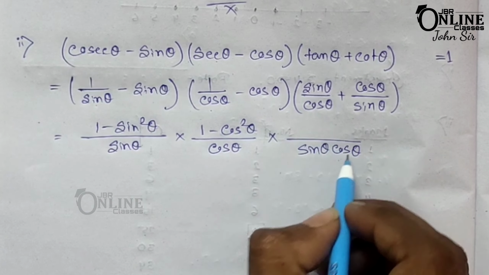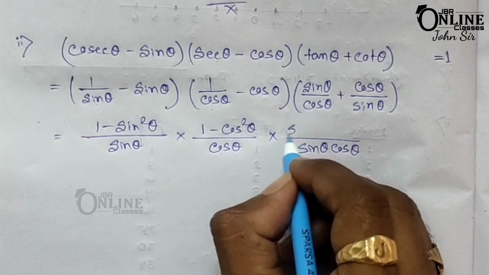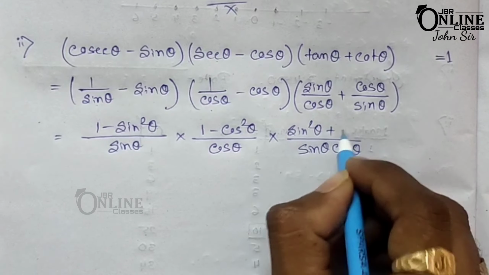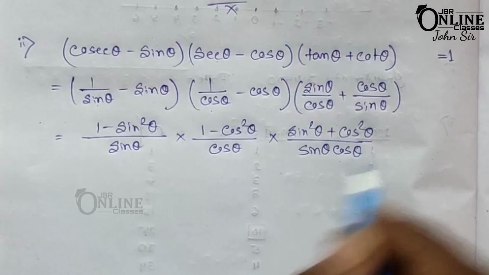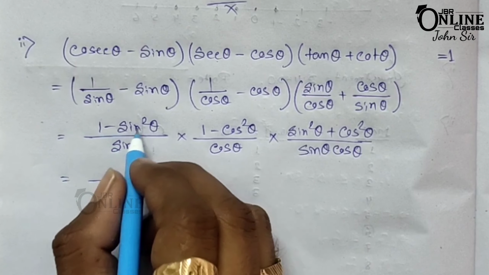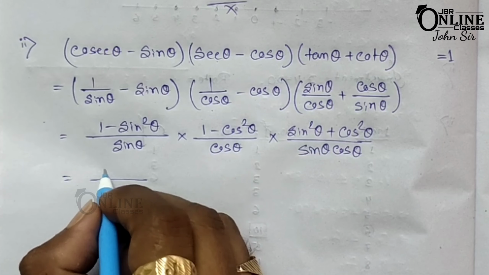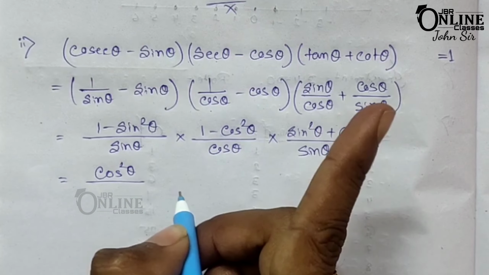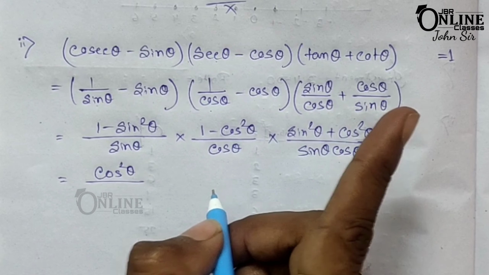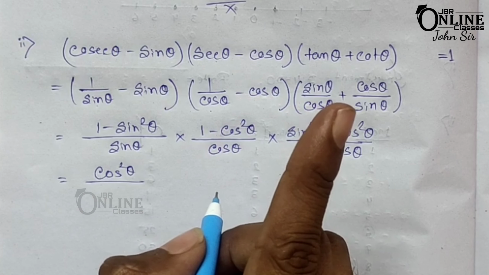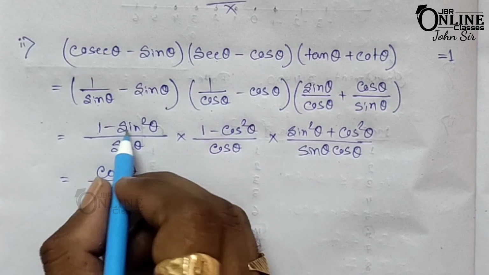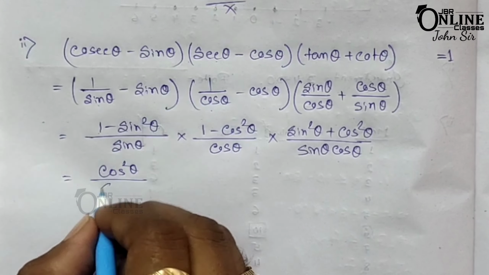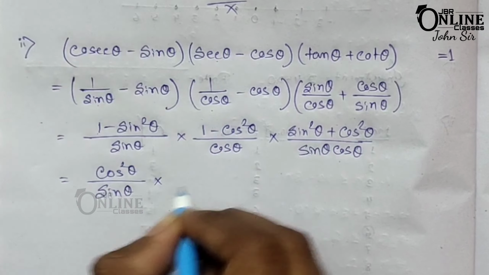Okay, so cos theta cancels out, then sin into sin, sin square theta plus cos square theta. Now 1 minus sin square theta is the formula of cos square theta, as sin square theta plus cos square theta equals 1. That's why 1 minus sin square theta equals cos square theta divided by sin theta.